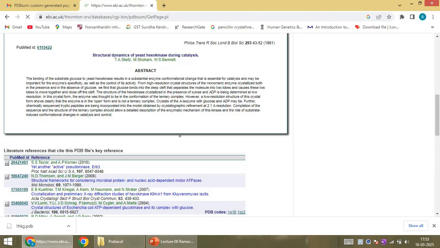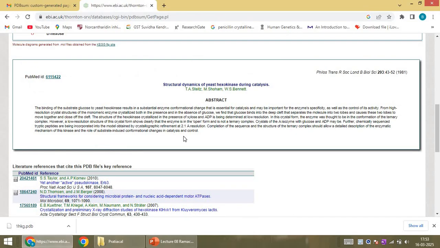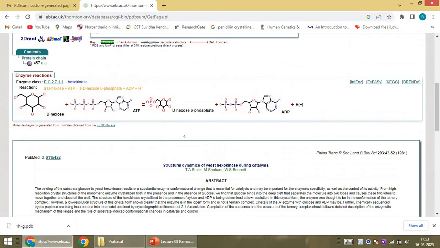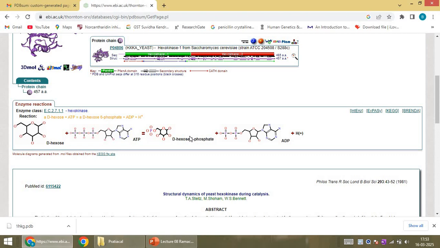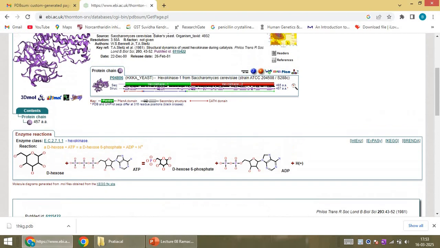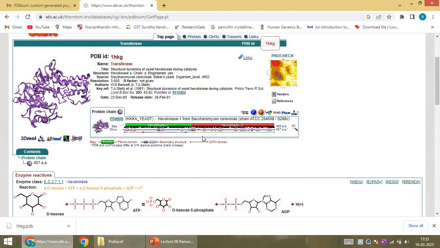This is the literature information, this is the enzymatic reaction, here is the information related to the protein chain, and this is the 3D structure. This is the PDB ID, name, title, source. All information related to our target molecule is present here.